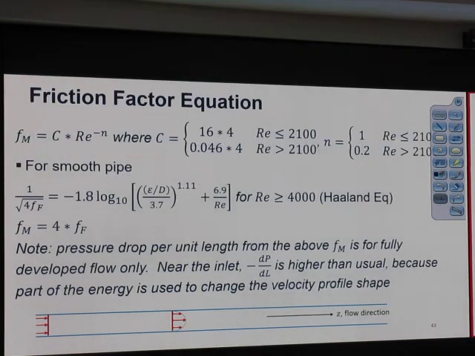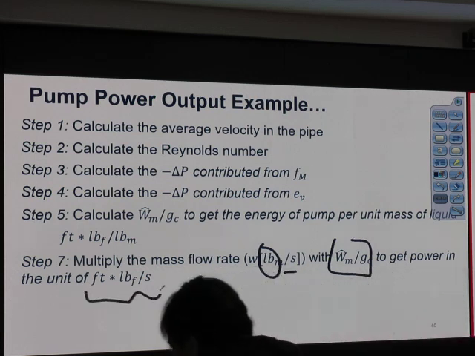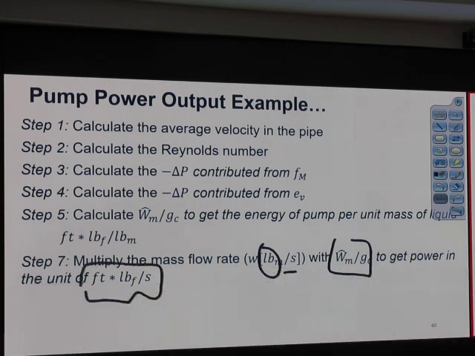After that, multiply by the mass flow rate, pound mass per second, with this, to get power in units of pound force foot per second. Is that power? Force multiplied by distance is energy. Energy divided by time is power.